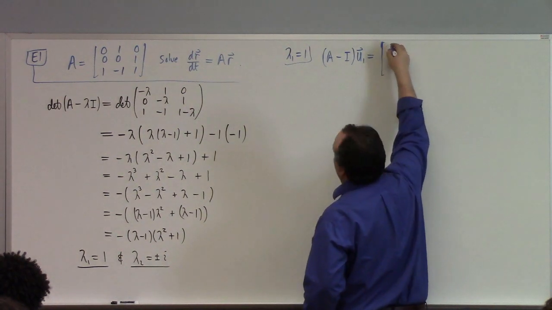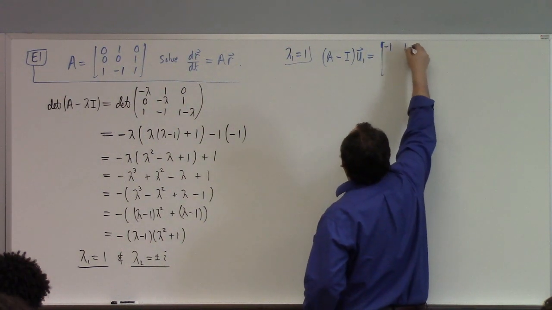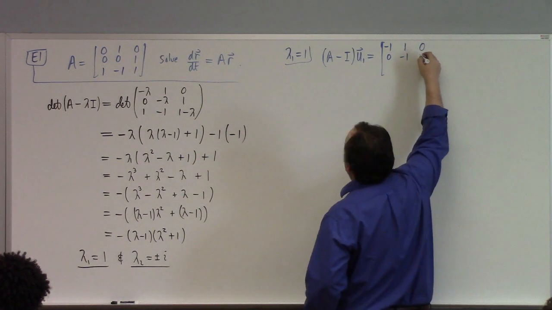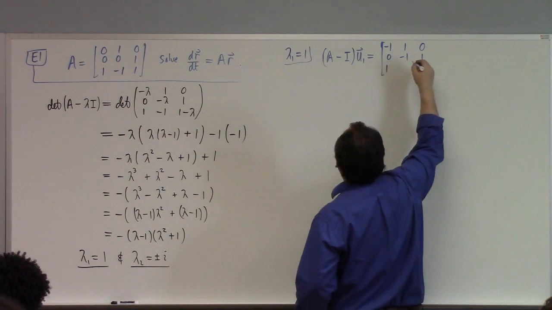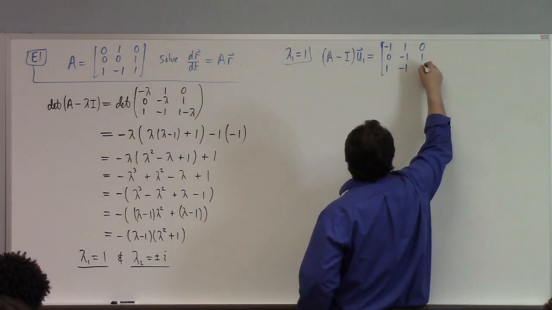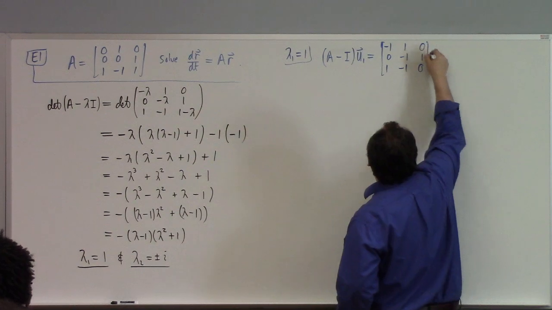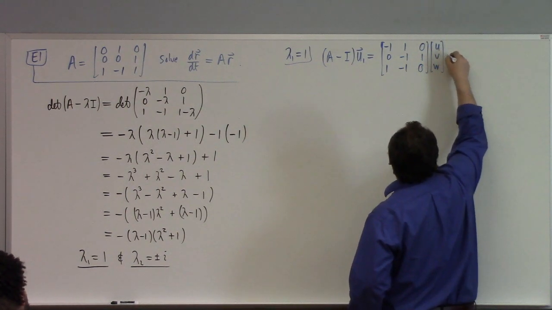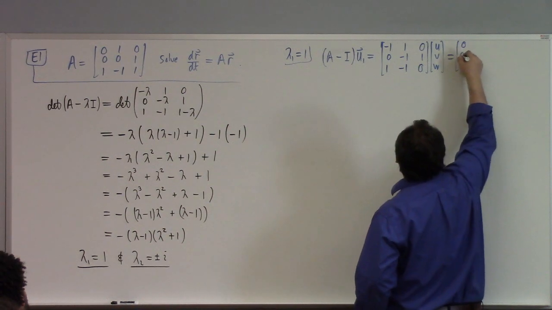Now A minus I here is minus 1, 1, 0; 0, minus 1, 1; 1, minus 1, 0, times, let's say, u, v, w, equal to 0, 0, 0, right?